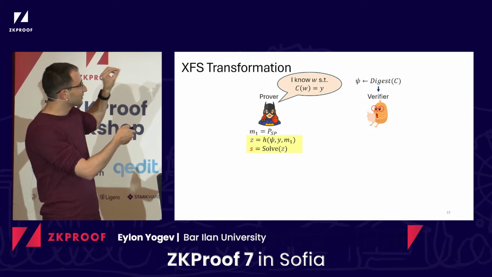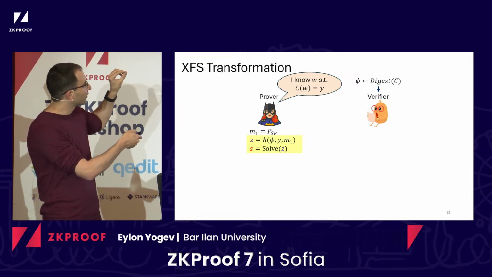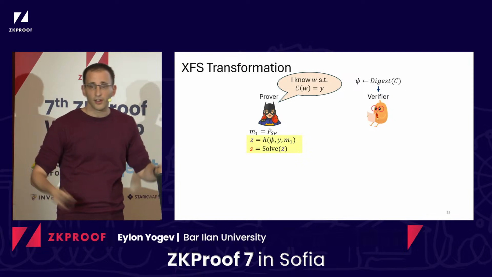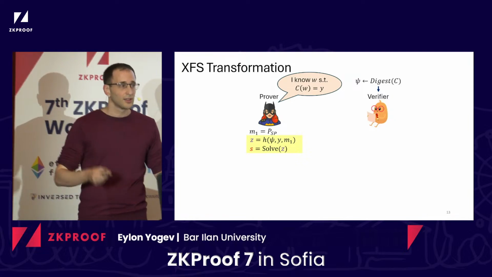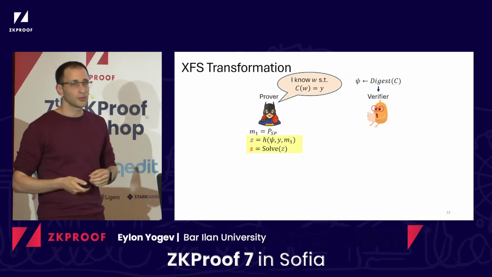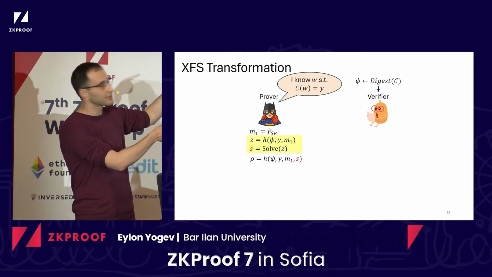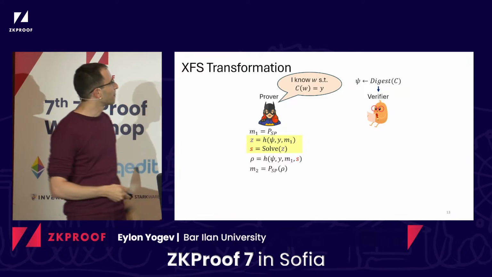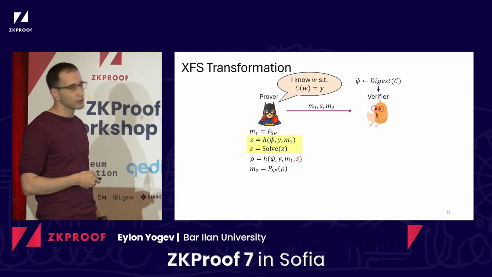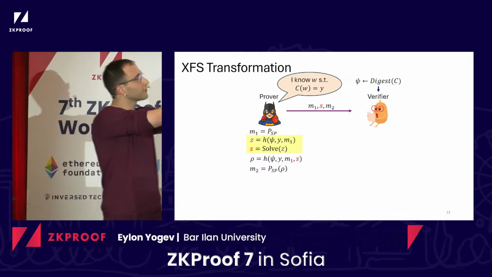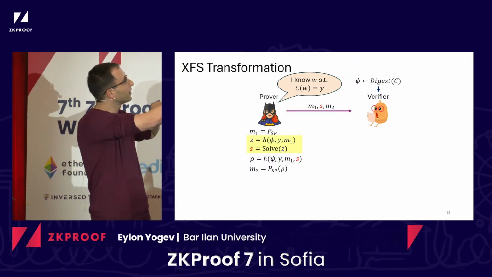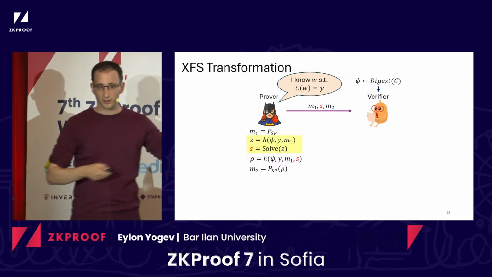After we have the puzzle Z, we solve it and get the solution S, and only after we have the solution S are we allowed to do the Fiat-Shamir hash. So we hash as before, only we now concatenate the solution S. This allows us to get rho, and then we can compute M2. Now we send everything to the verifier: M1, M2 as before, and the new solution S.